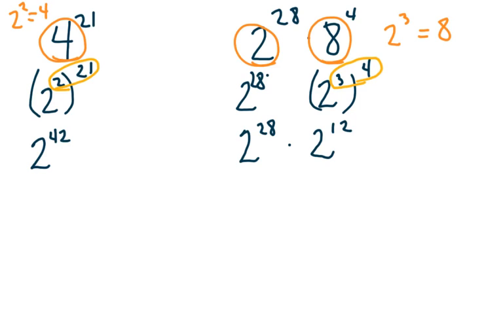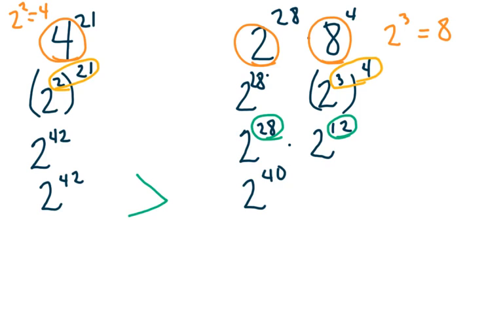And then I have the product of powers property that tells me I should add the exponents when I have the same base. So this becomes 2 to the 40th power. And over here we had 2 to the 42nd power. So 2 to the 42nd power is greater than 2 to the 40th power. So in summary, we need to get the same base and use power properties of exponents to compare.